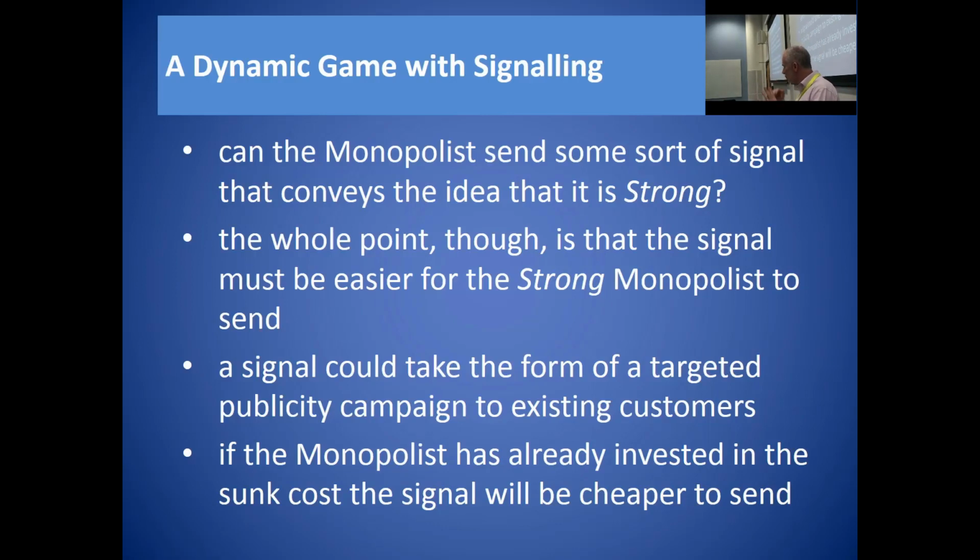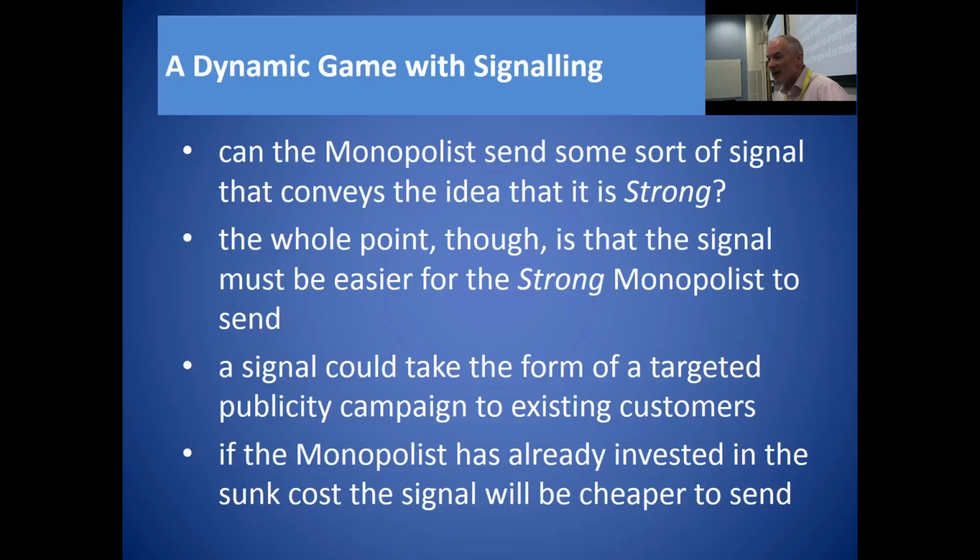So, that's what we know. We've got our setup. Monopolists could be strong or weak. But they both want to send this signal to give the impression that sunk costs have been invested in. And this signal, if it's sent, will be observed by the potential entrant. The crucial part here: it's cheaper for the strong monopolist to send the signal.